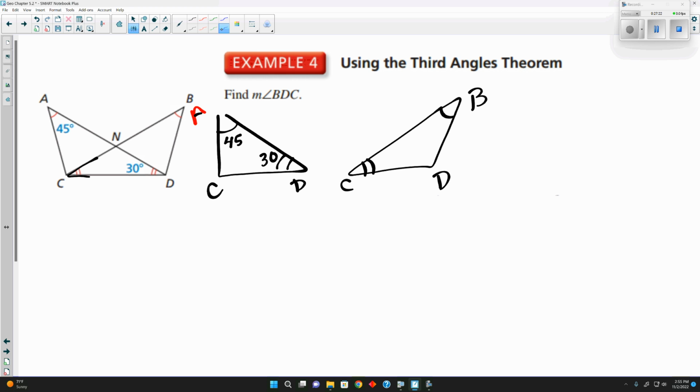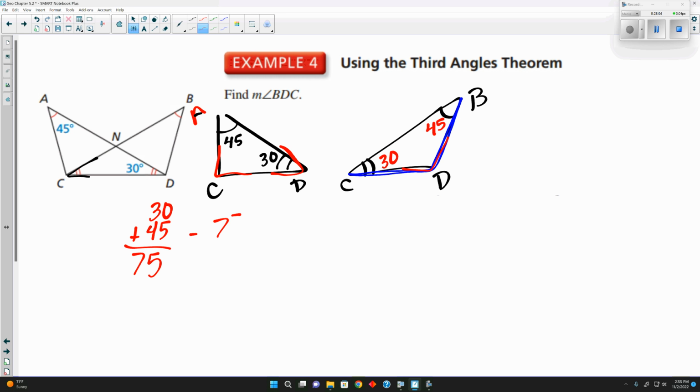So this is the one that we want to find, yes? On that triangle, they really didn't give us any angles, but they told us that the one with 2 marks is 30. So this is 30. We also know that this is 45. But according to the last theorem, if two angles in one triangle are congruent to two angles in the other, then the thirds must be too. So this angle here and this angle here should be the same. If we add 30 and 45 together, what do we get?